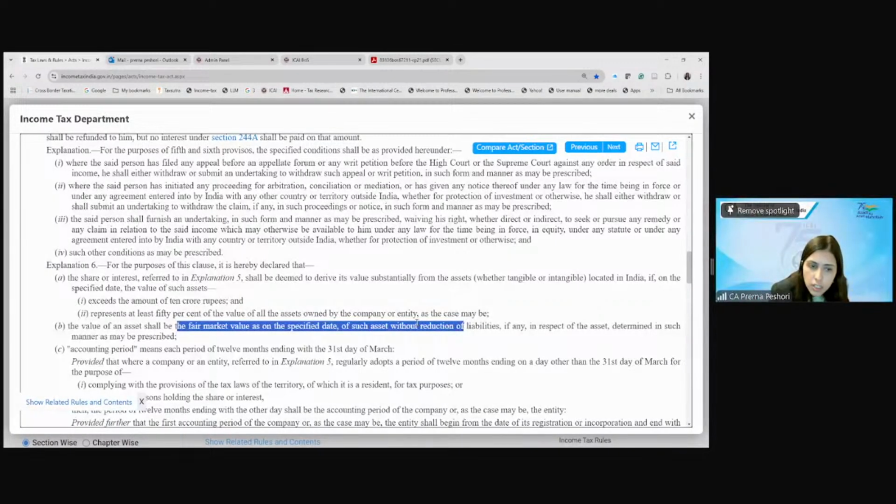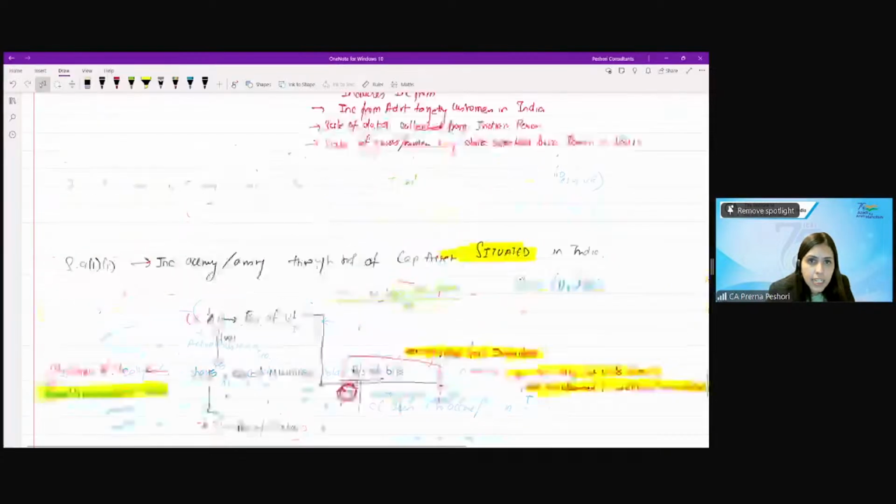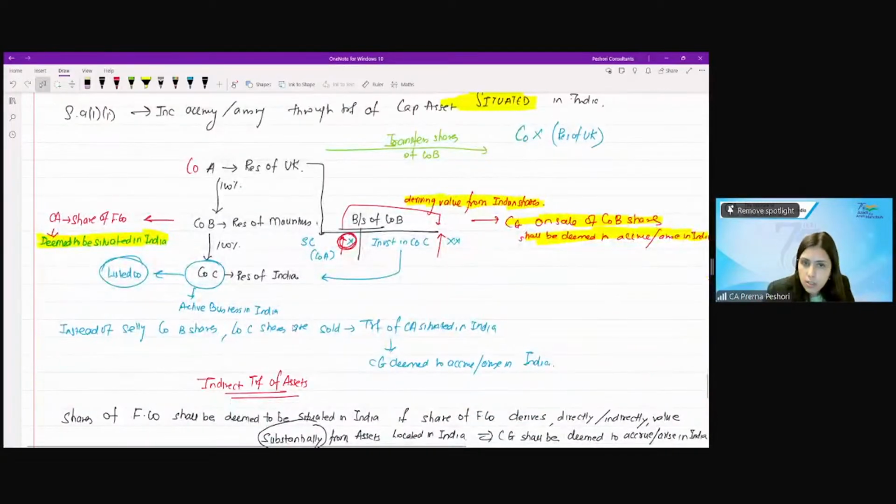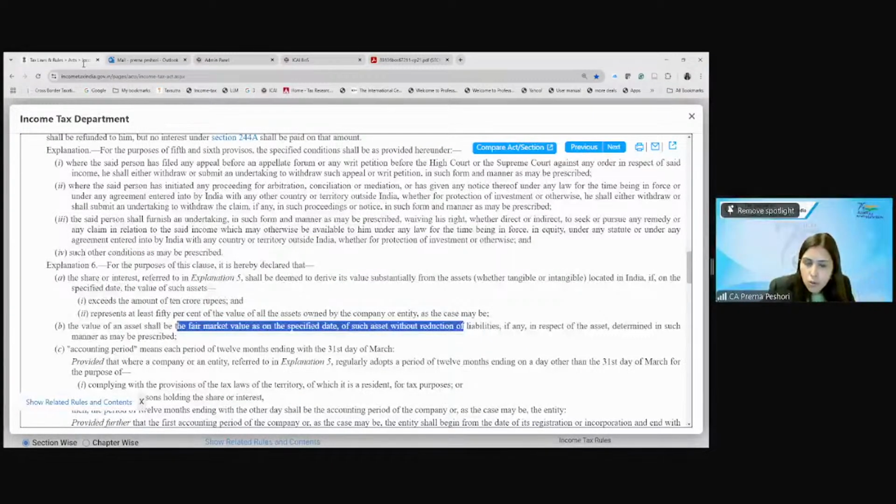Are we clear? So basically what they are trying to suggest is, what do we mean by substantial? Substantially means the value of the assets in my balance sheet, in the Mauritius company's books. So basically this investment should be more than 10 crore rupees.